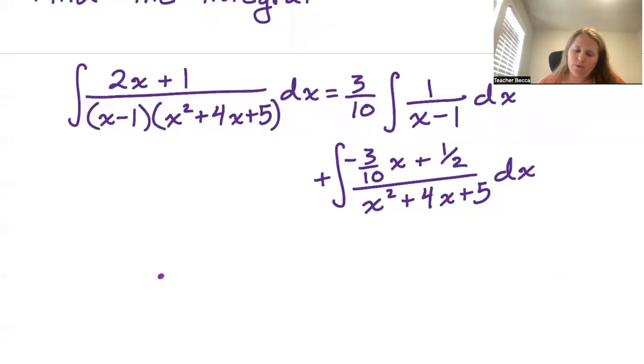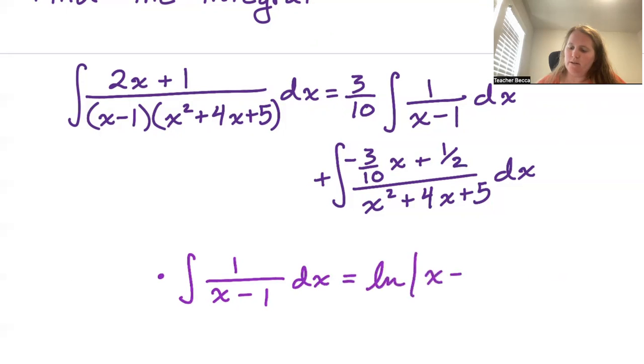So our first integral of 1 over x minus 1 dx is just the natural log of the absolute value of x minus 1.